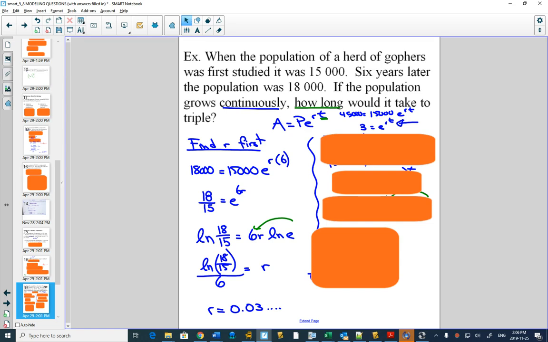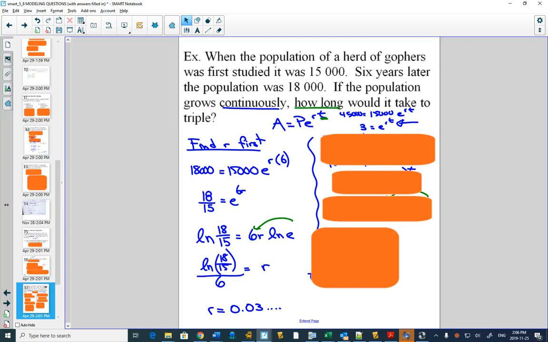Now, the question that students always ask me is, does it matter? Should I use the 15,000 and triple it to get 45,000? Or should I use the 18,000 and triple it to get 54,000? Will I get a different answer if I use one number or the other? No. Remember, just like with money, it doesn't matter how much you had originally.